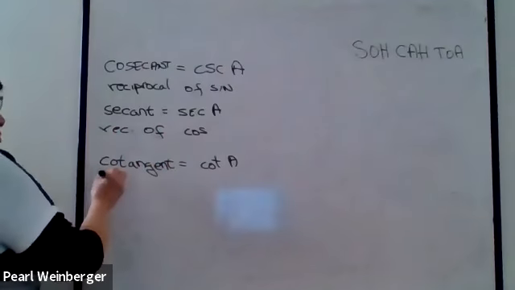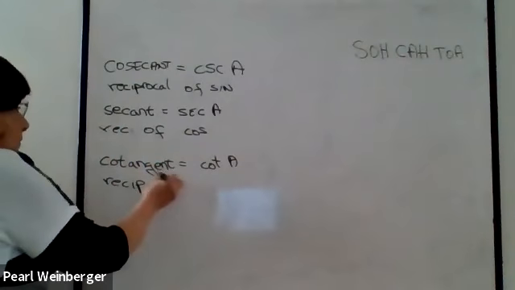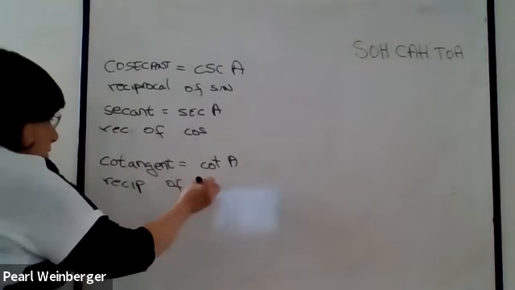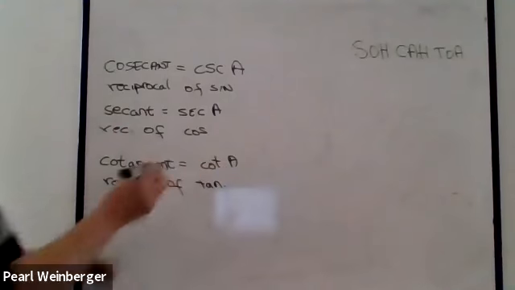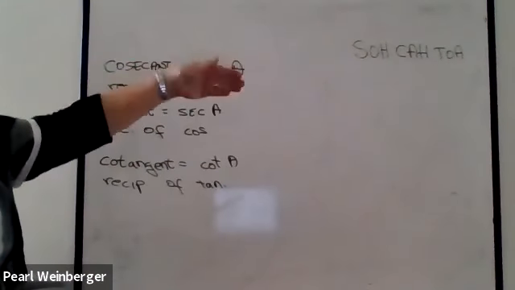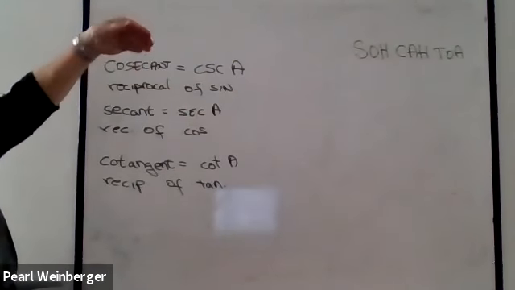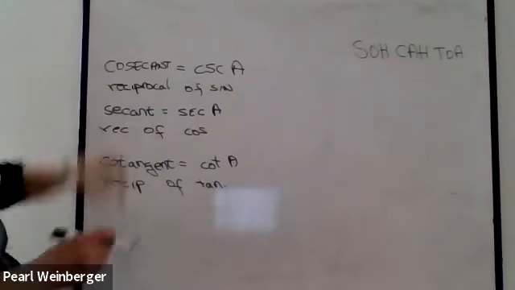And the cotangent is the reciprocal of the tangent. In other words, if the sine is the opposite over the hypotenuse, the cosecant is the hypotenuse over the opposite.